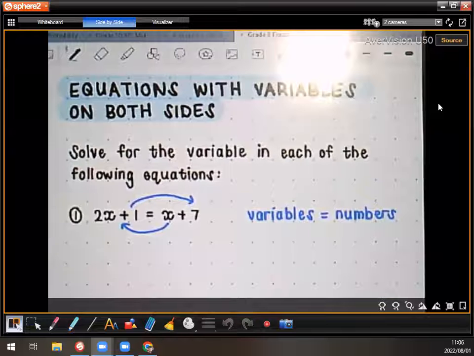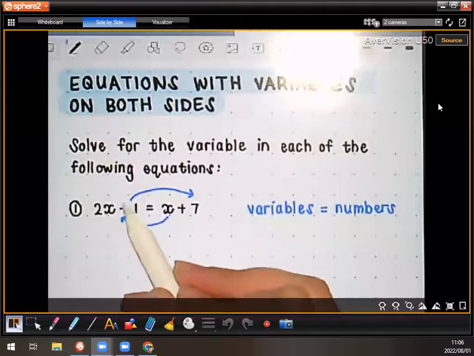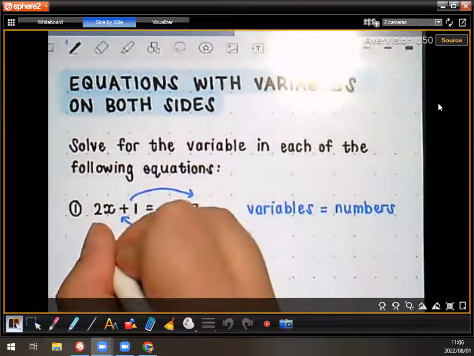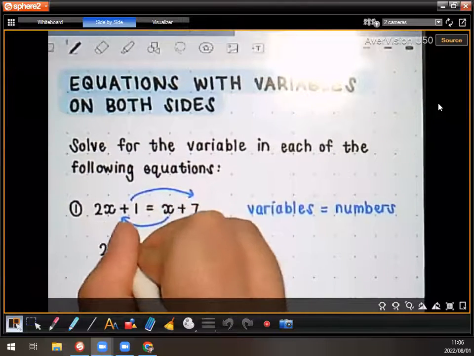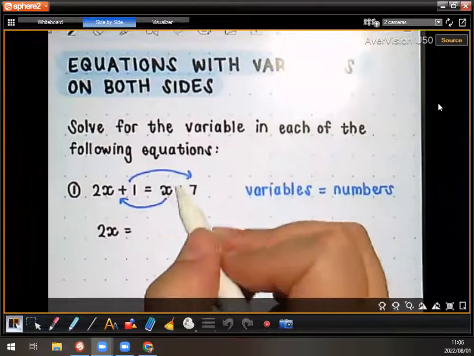I'll do it in multiple steps. Eventually, when you are more comfortable, you can do fewer steps. I'll show you that later on. Let's first think, what is the opposite of adding 1? Subtracting 1. Okay, so I'm going to have a 2x here equal to, now guys, on the other side, I need to write that x again, right?